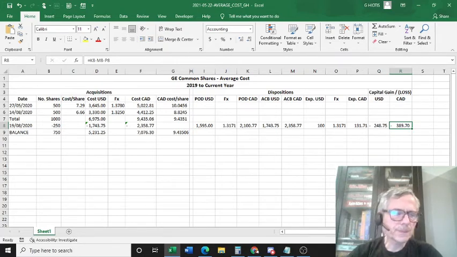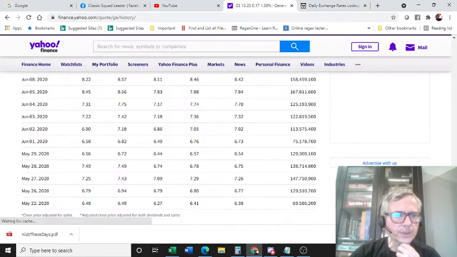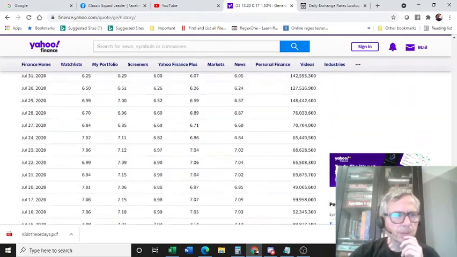Now let's do a couple more acquisitions. Let's look up the table here. Let's go look up a couple of dates in 2021, for example.